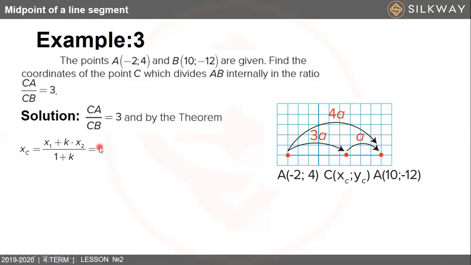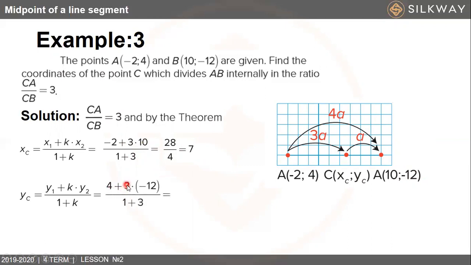So -2 plus 3 times 10, over 1 plus 3, is 7. And for the y coordinate, here we use 4 and -12. So 4 plus 3 times -12, over 1 plus 3, is equal to -8. So the coordinates of point C are (7, -8).